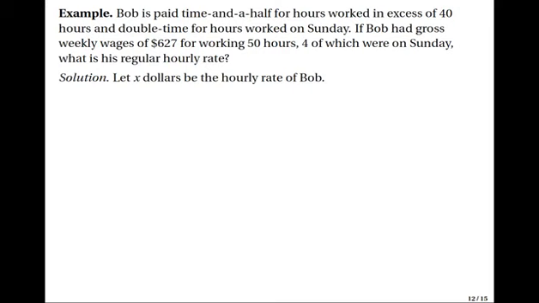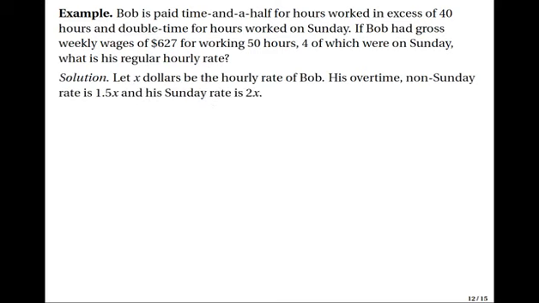So overtime pay without the Sunday overtime, the rate will be 1.5x. That is his overtime non-Sunday rate. And the Sunday rate will be 2x. So you have double time. Following so far?